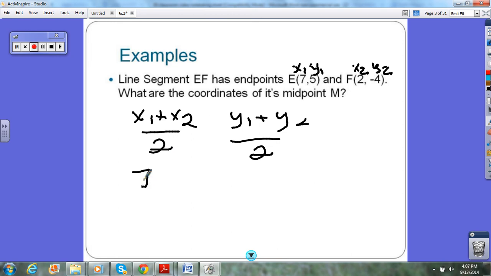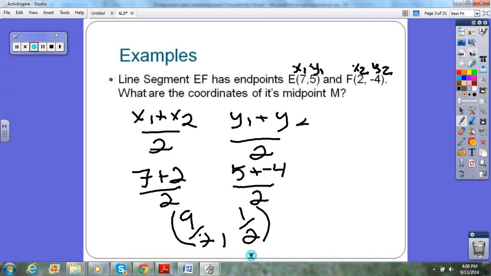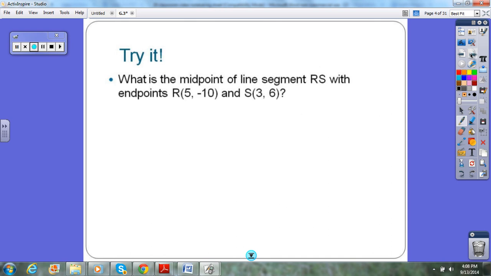So we get 7 plus 2 divided by 2, and then we have 5 plus -4 divided by 2, which is going to give us 9/2 for our x-coordinate and 1/2 for our y-coordinate. So the ordered pair for our midpoint is going to be (9/2, 1/2). Try this one on your own.